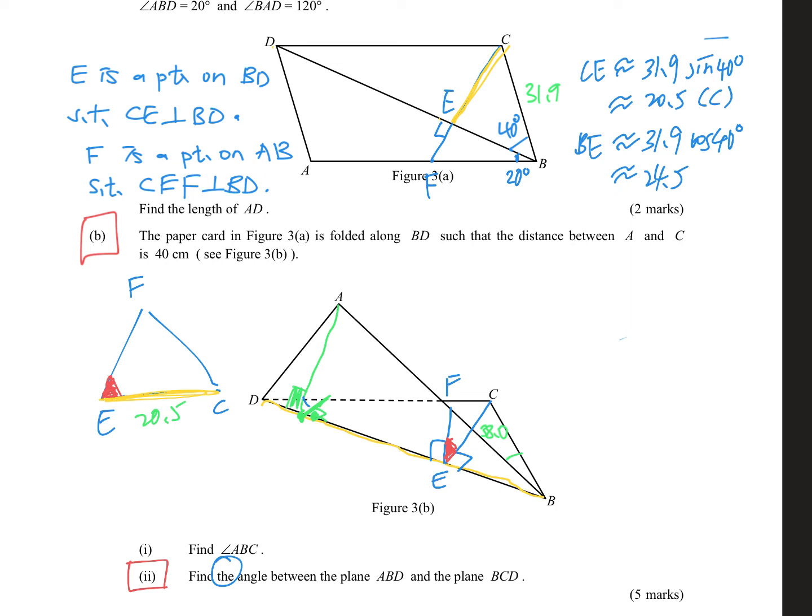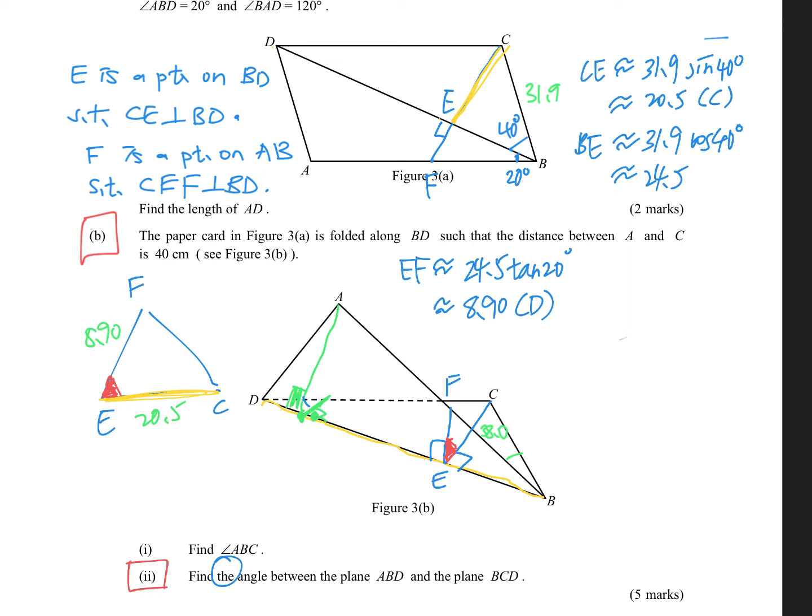So EF would be 24.5 times tangent 20, so 8.90. Save this answer, that would be D, and then mark it on the figure: EF is 8.90.